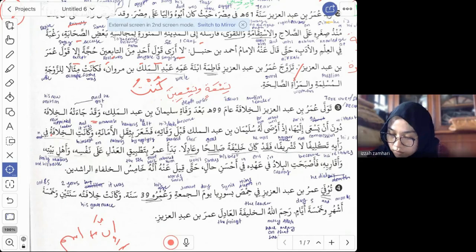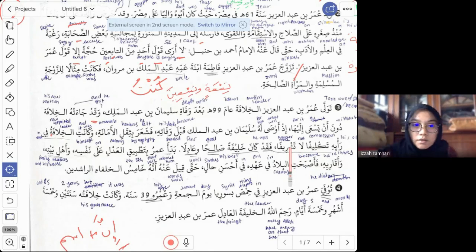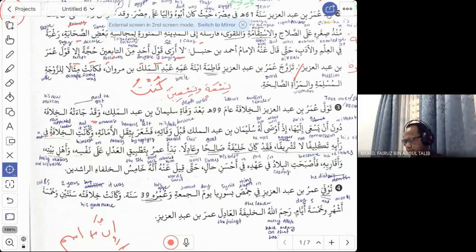Fi ra'ihi means his opinion. Taklifan means commission. La means no, not. Tashrifan means honorable. Okay, what does it mean here?